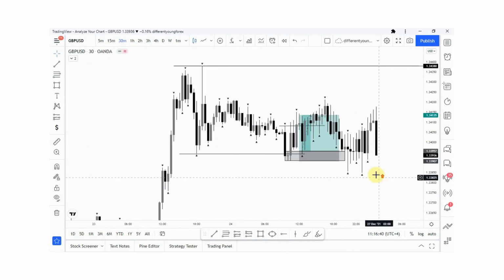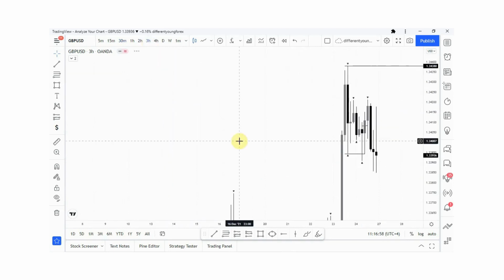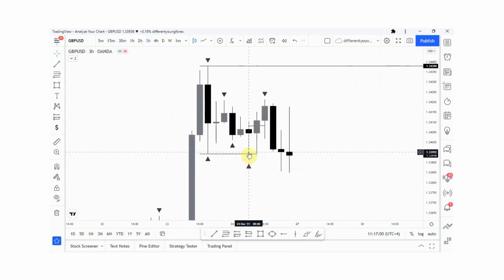So what we have as a rule for TP is liquidity to liquidity. Whatever liquidity you have taken, you look for the other side of liquidity on the same time frame, right? So let's go. What liquidity we have taken? We have taken 3-hour liquidity.